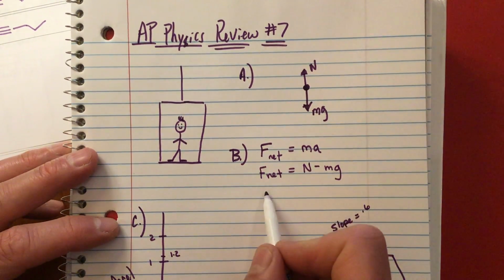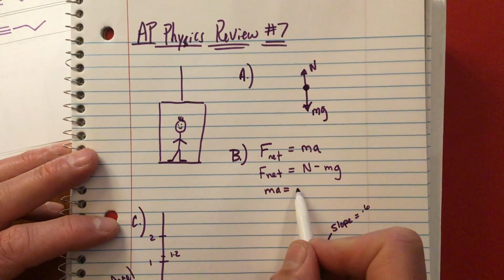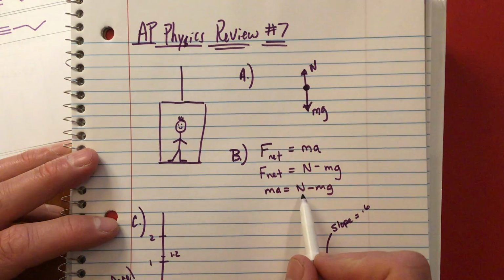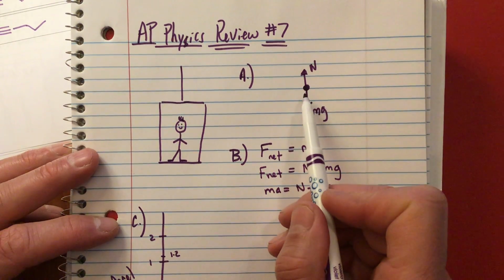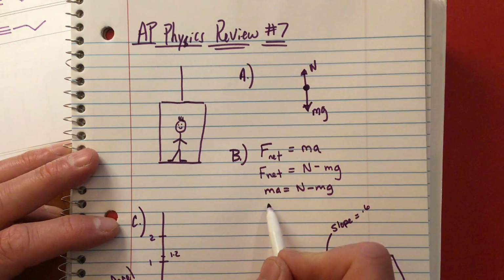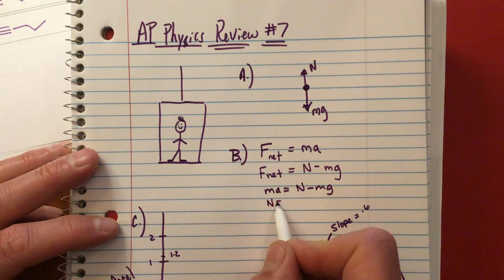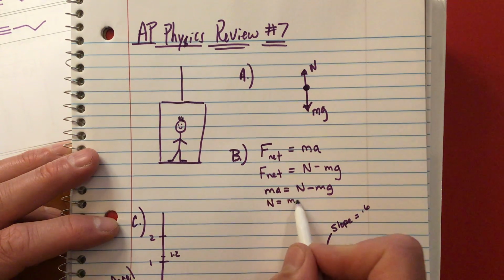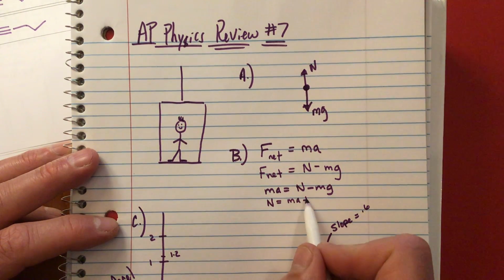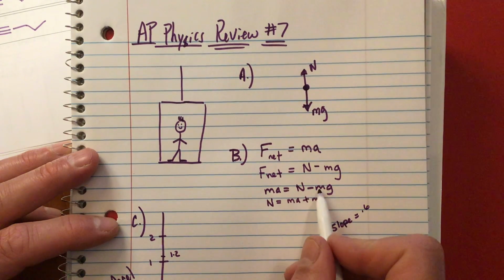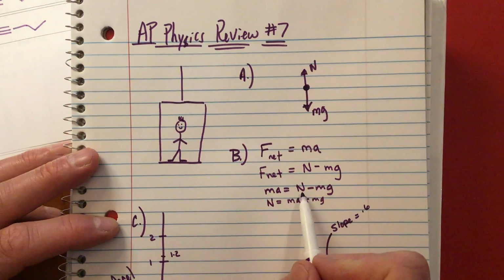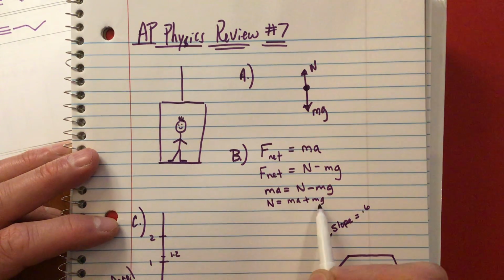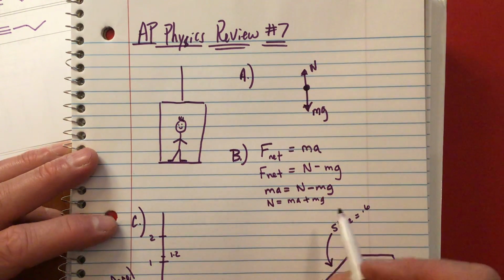So what I'm going to do is set these equal to each other, and just solve for the normal force. So the normal force would be the force upward coming from the scale. So that would mean that the normal force, or the reading on the scale, would be plus mg. So I'm adding mg to each side. So the normal force on the scale would be the weight of the student plus the net force, which would make sense.